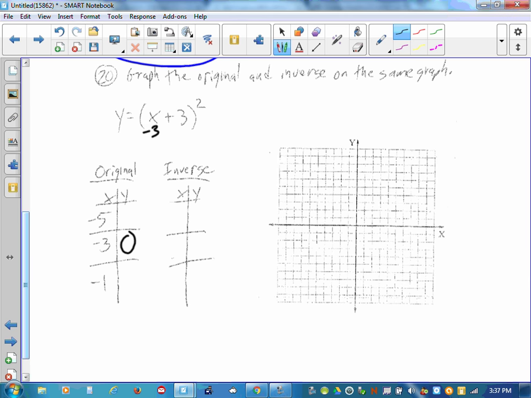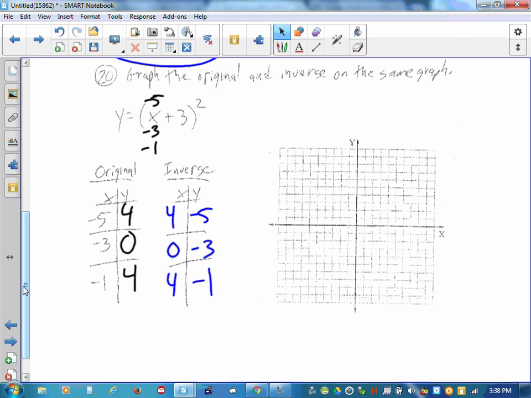I put in -5, which would be -2, and then that gets squared, so that'd be 4. And if I put -1 in, it's going to be -2, also squared, is 4. So there's the original. Then the inverse is the switching of those. So it's 4, -5, 0, -3, and 4, -1.